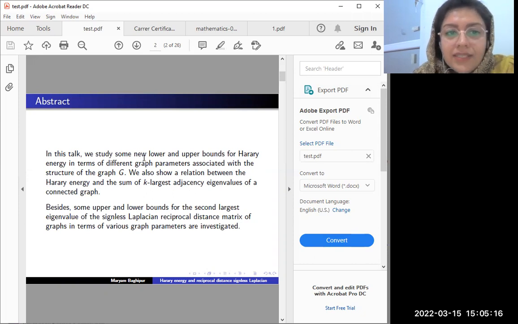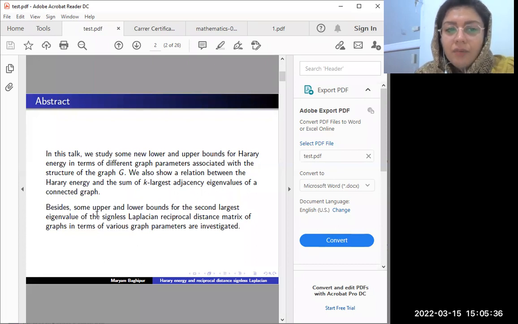In this talk, we study some new lower and upper bounds for Harary energy in terms of different graph parameters associated with the structure of the graphs. We also show a relationship between Harary energy and the sum of largest adjacency eigenvalues.